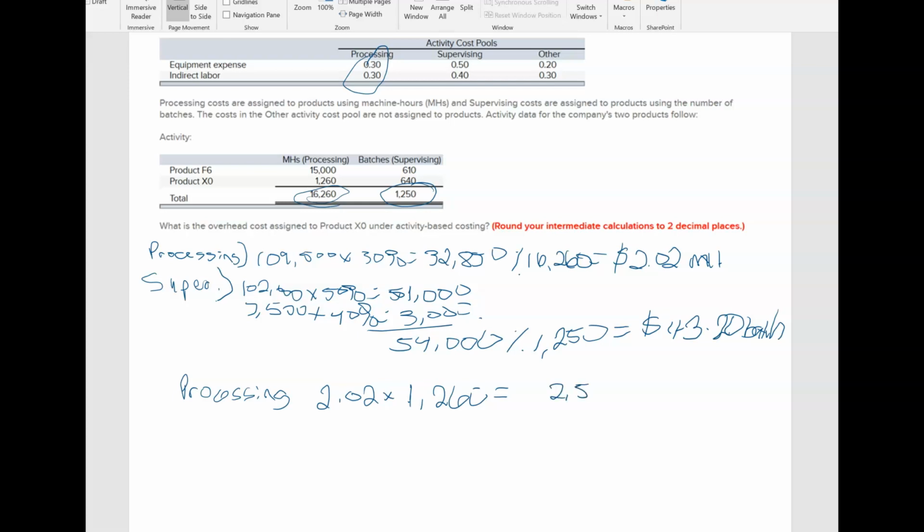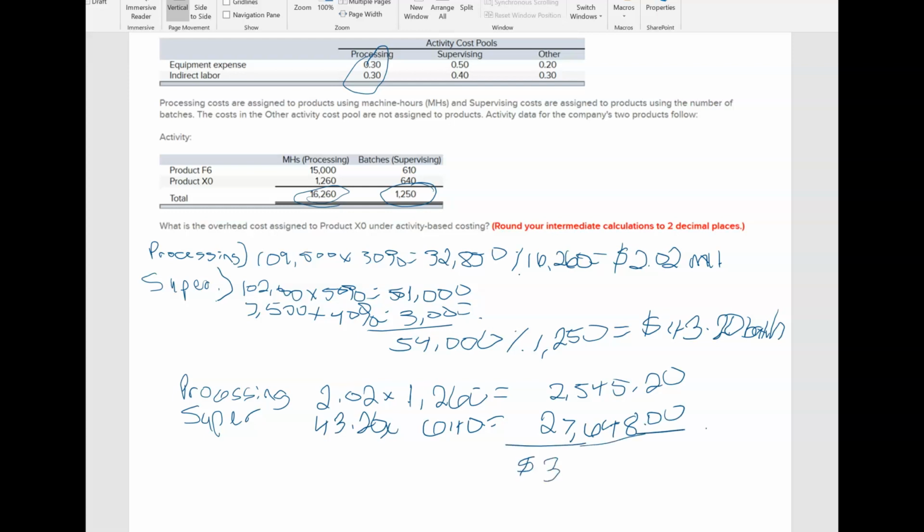That's 2,545.20. And then for supervising, take the 43.20 and multiply it by the 640. 27,648 to get a total of 30,193. And you use these numbers right there.